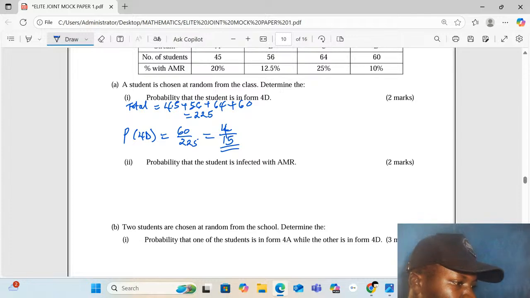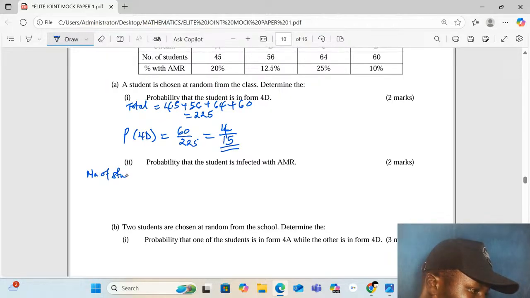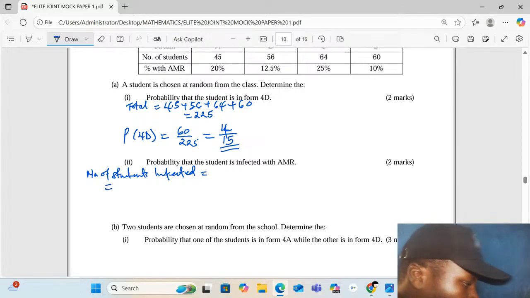Then probability that the student is infected with AMR. So the number of students infected will be equal to, now we take 20 over 100, that is the percentage.